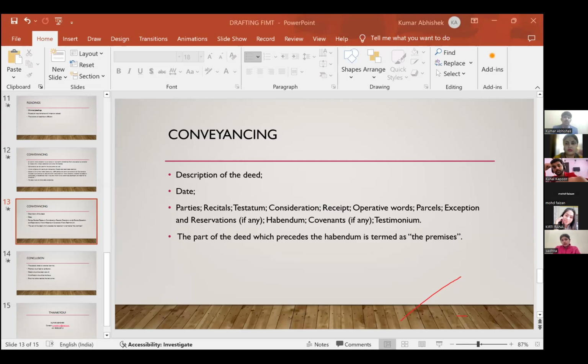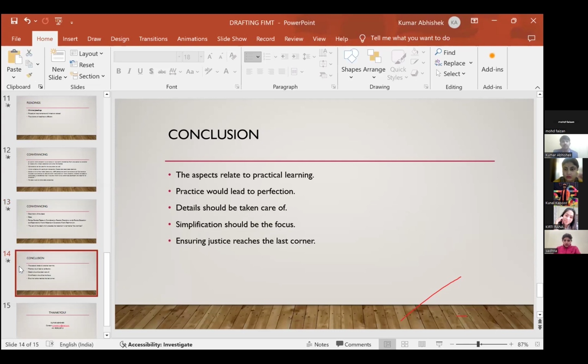So these are some of the basic aspects of drafting, pleading, and conveyancing that you should always have in mind. About specifics relating to specific topics, you'll be taught by the other resource persons who would be coming. In conclusion, I would like to say that whatever you study about drafting, pleading, or conveyancing, obviously, in classrooms would not be adequate, because it's ultimately a thing of practice.